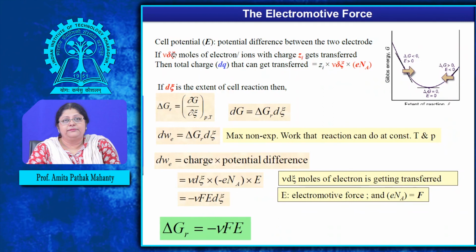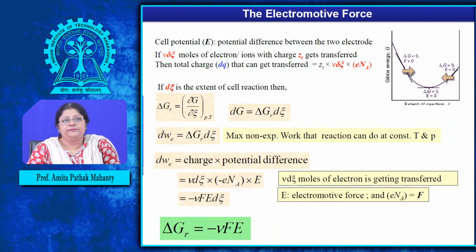This progress of reaction can be expressed in terms of the moles of ions moving. So the total change in moles of the electrons or ions, having a charge Zi, gets transferred from one location to the other.